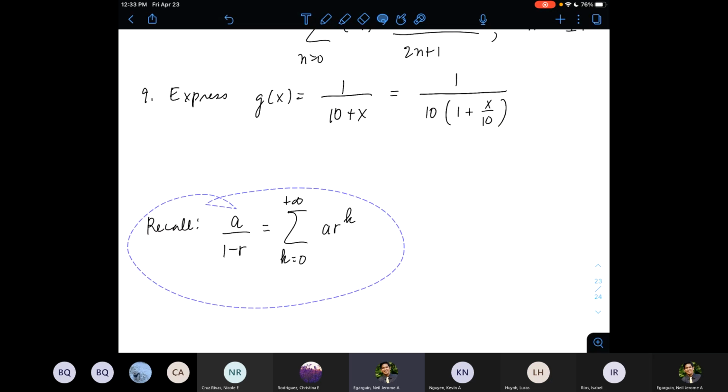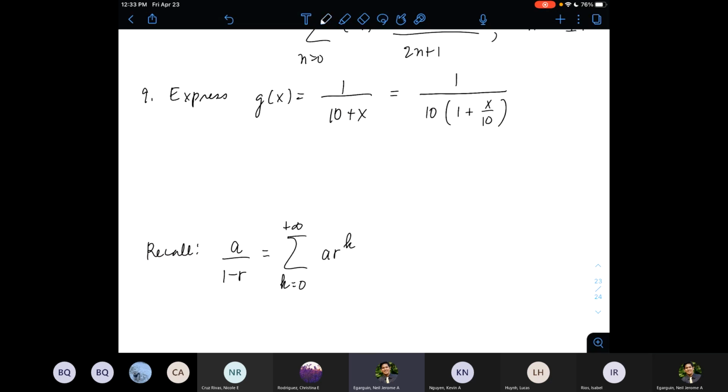So I'll manipulate the given expression more. Instead of the 10, I'll put the 10 in the denominator for the numerator. I can write it as 1 over 10 times 1. The form requires a minus right after the 1, so I'll need to comply with that.